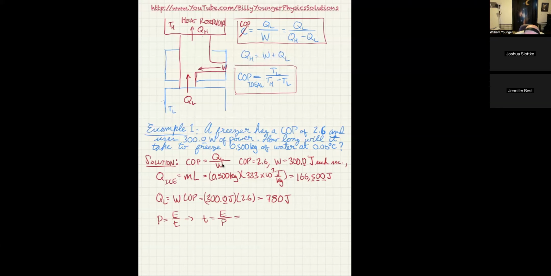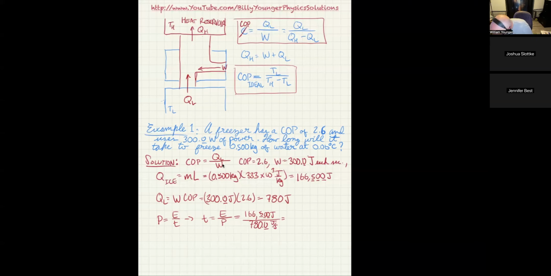then time should just be the energy required divided by the power. So I'm going to take the energy that's required, which is 166,500 joules, and divide that by the 780 joules that occur each second, and that'll just give me seconds.